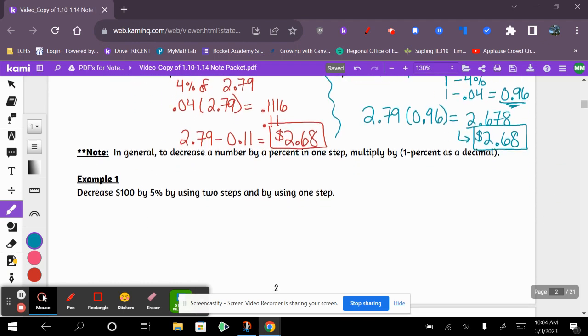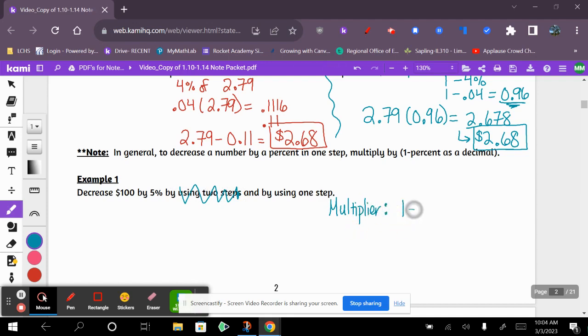All right, let's go ahead and apply this to even one more example. This one says to decrease $100 by 5% by using 2 steps and using 1 step. Let's just do the 1 step with the multiplier. So we're first going to find our multiplier.